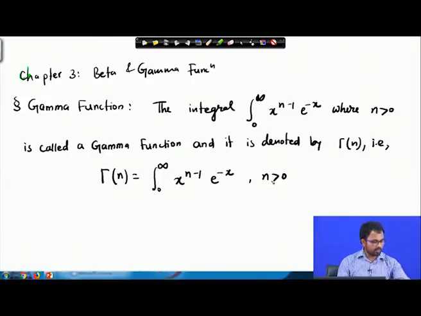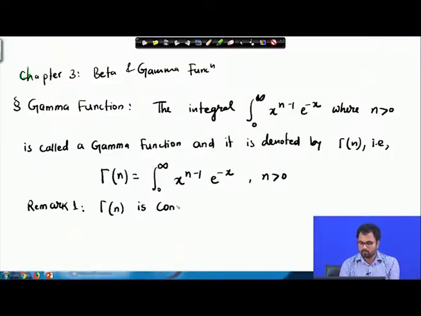And in the previous class, we saw that this integral, the gamma function, is convergent for all n greater than 0. So, we can make a remark 1: gamma n is convergent for n greater than 0, as we just saw in the previous class.